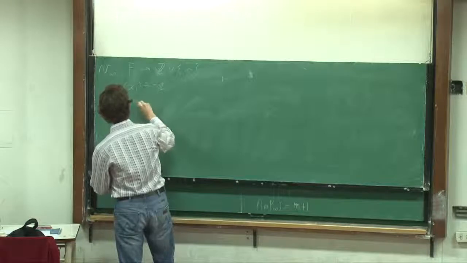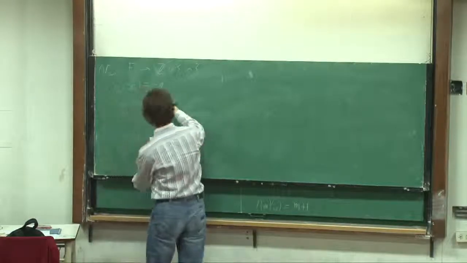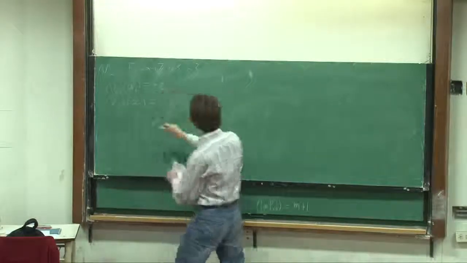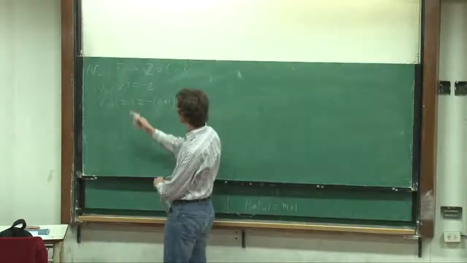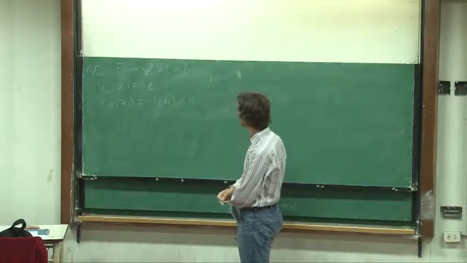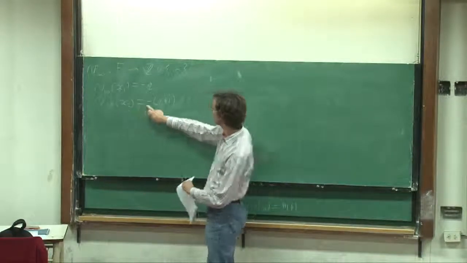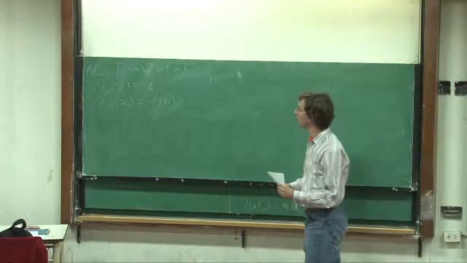So if we know what it does on generators, we're already well on the way. So x1 is being sent to minus q, and x2 to minus q plus 1.